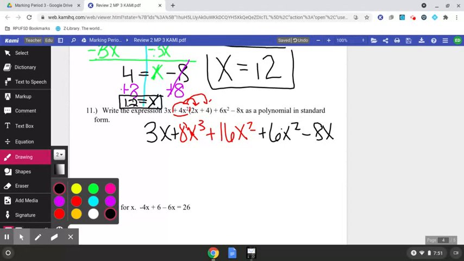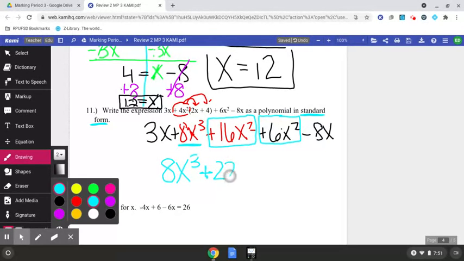So now I'm going to look to combine things. So I'm starting with my highest exponent because it says to put it in standard form. So I'm going to look for that x cubed first as my highest. There's nothing else with an x cubed, so we're bringing it down. After that would be an x squared. So I'm going to say, oh, well, I have one here, 16x squared and 6x squared, and I can add them together. 16 plus 6 would be 22x squared.